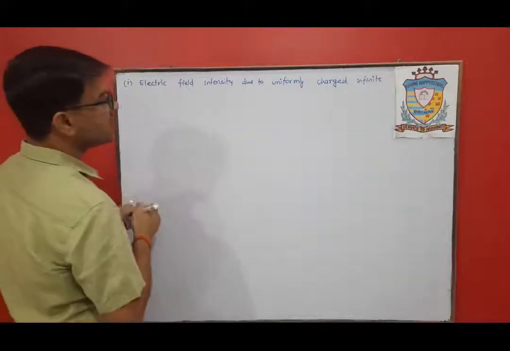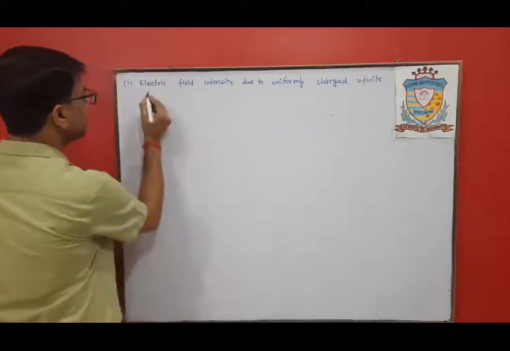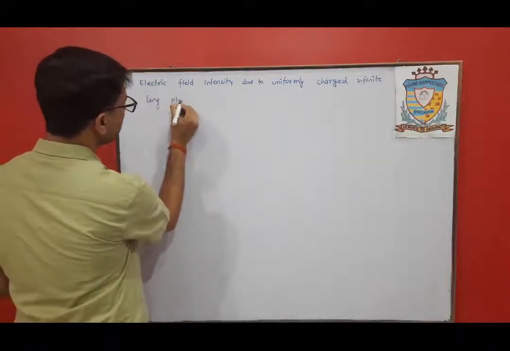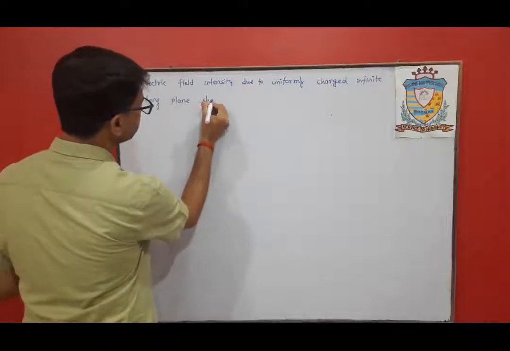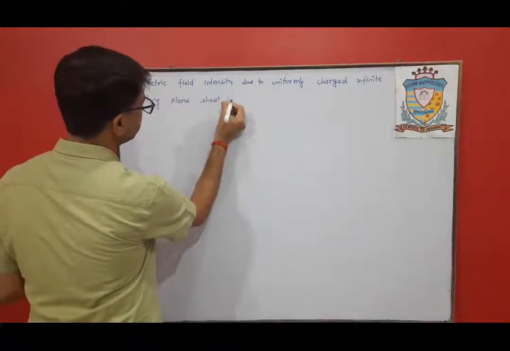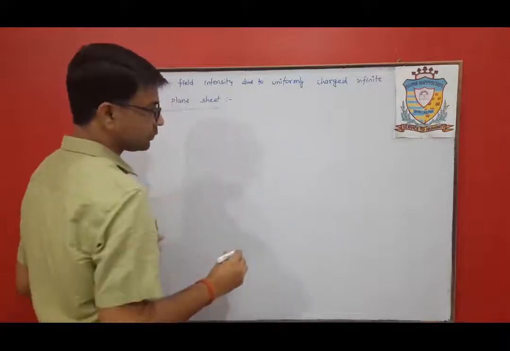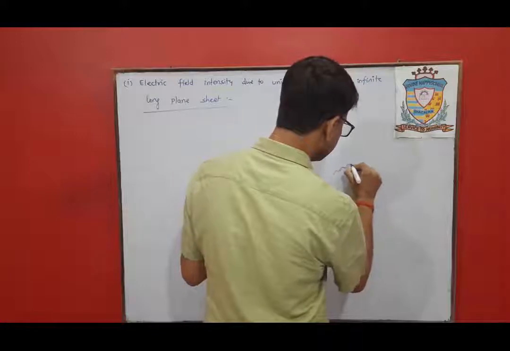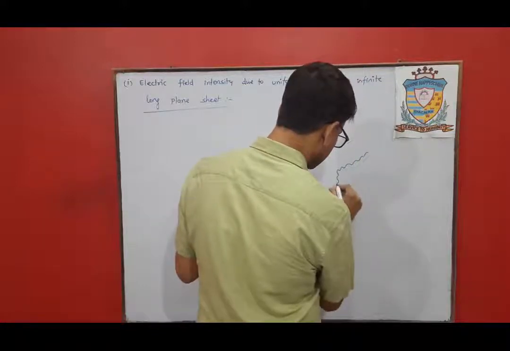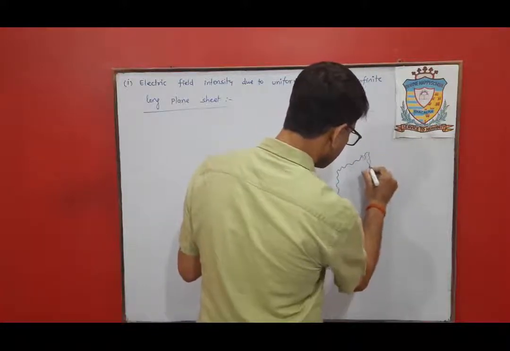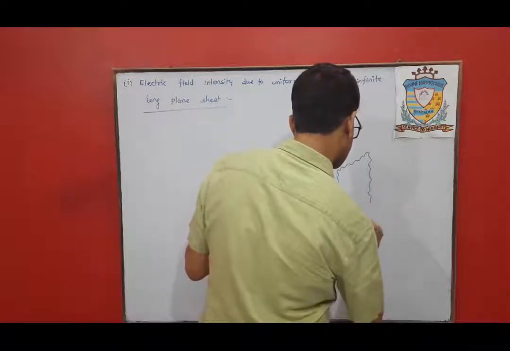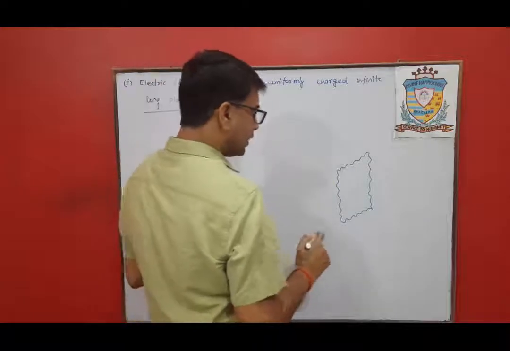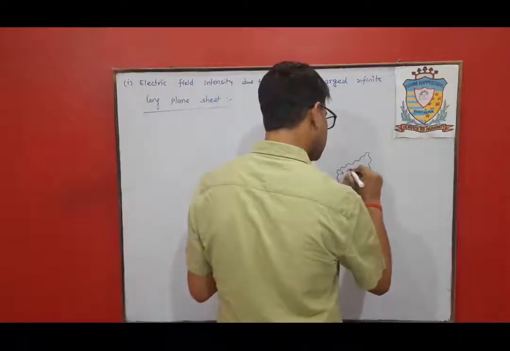Next is electric field intensity due to a uniformly charged infinite long plane sheet. Suppose we have a plane sheet which is uniformly charged.